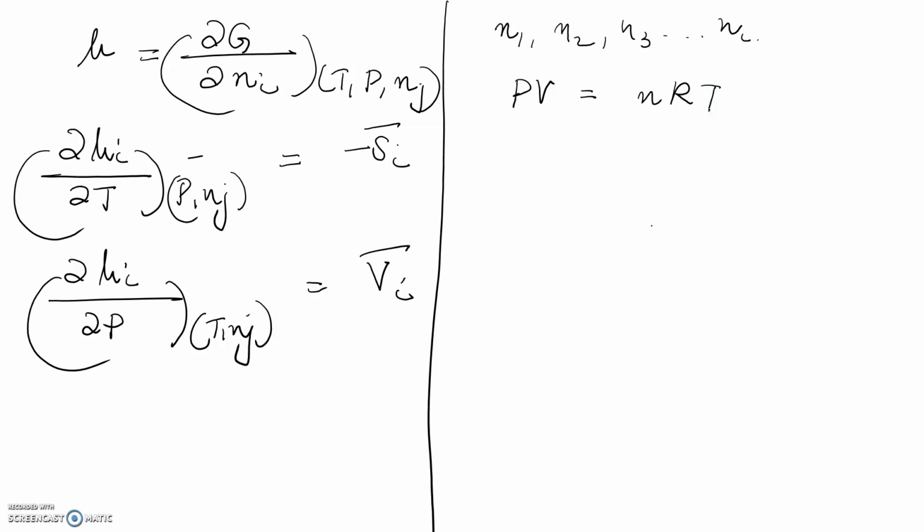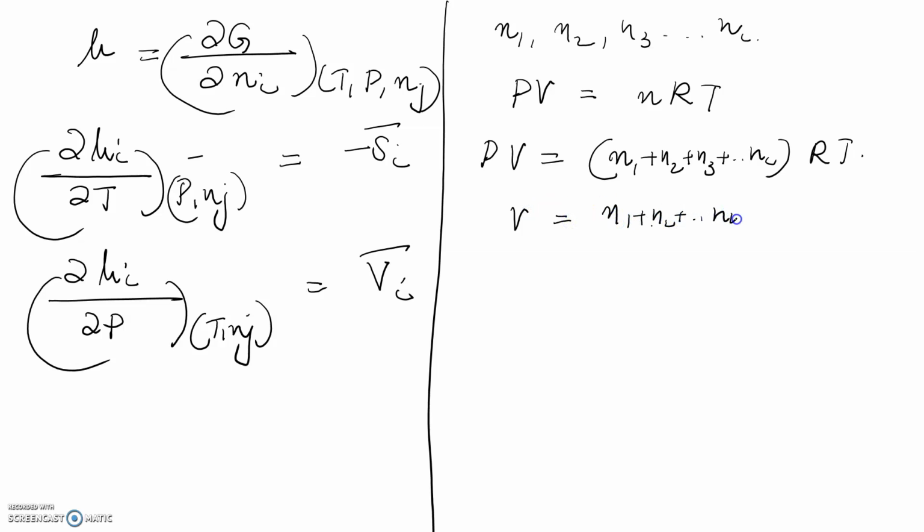So for the system consisting of a large number of ideal gases, this equation can be written as PV is equal to (N1 plus N2 plus N3 plus etc. Ni) into RT. From this, what is V? V is equal to (N1 plus N2 plus etc. Ni) RT by P.